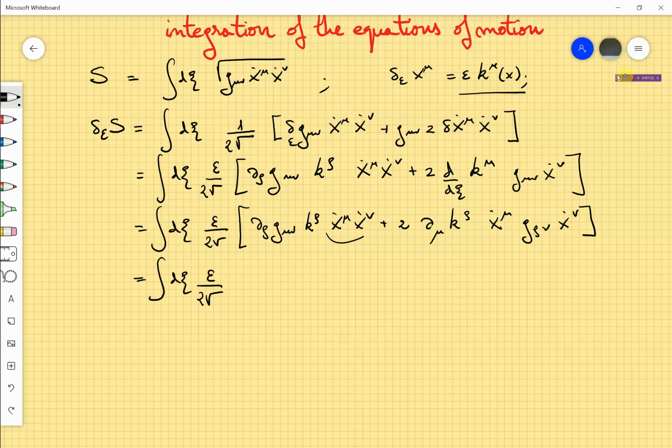And okay, I have x dot nu, which is a common factor of partial rho g. So order in this way is better, plus 2 times partial mu k rho g rho nu.